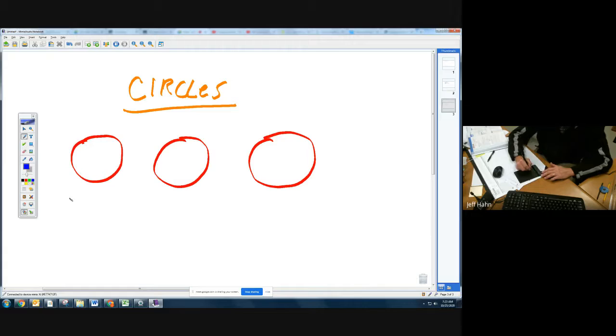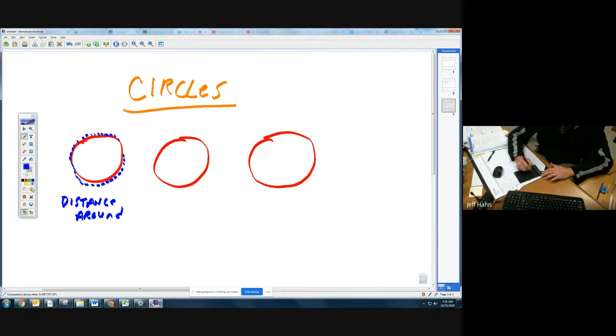The first thing we have, when we talk about the distance around a circle, the distance around our circle is this right here, all the way around our circle. You could also call it the perimeter, but for circles we use a different name.